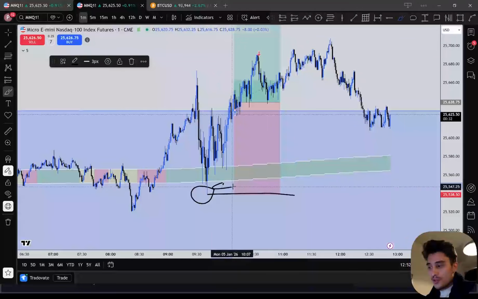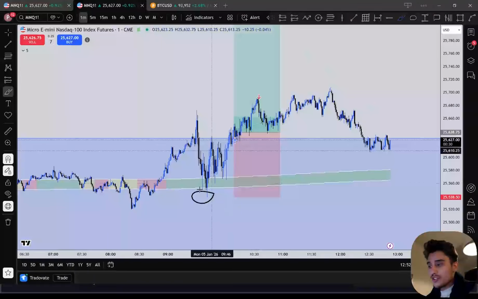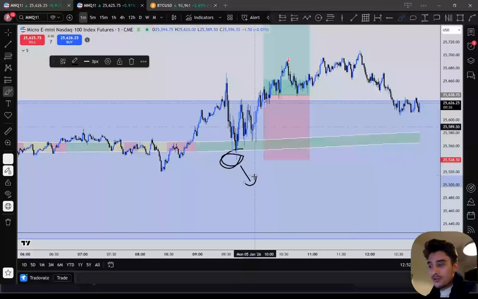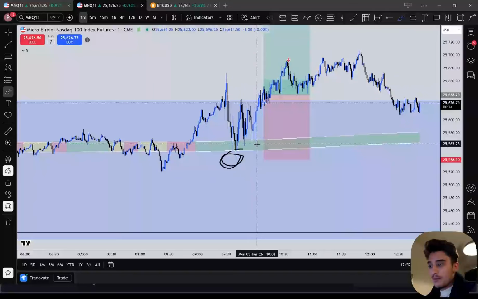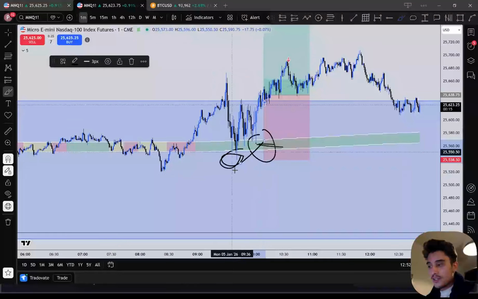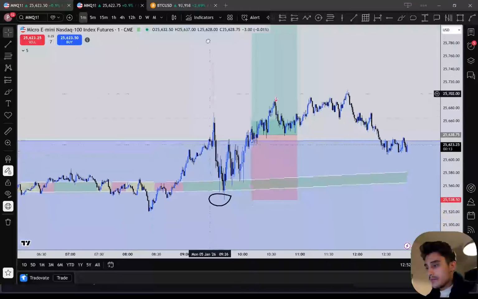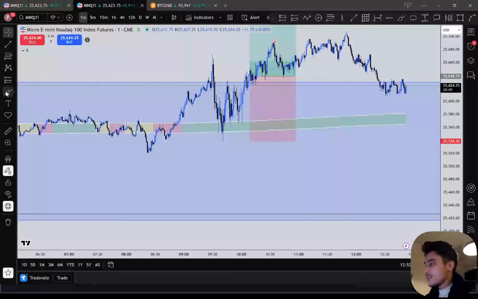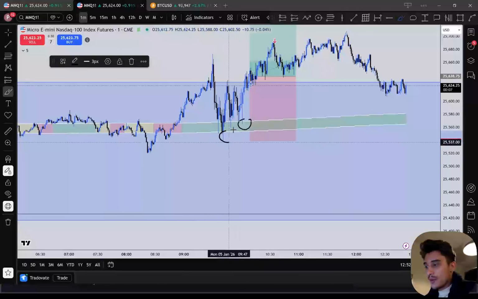This is where my stop loss was, which is not very efficient logic-wise, because if this is where I'm wrong and price could go back lower, here I'm also wrong. So this is also a place where I would be wrong, because if price would take this low, it also has this low resistance liquidity. So the likelihood that if price takes this low it goes back to this low is very high.